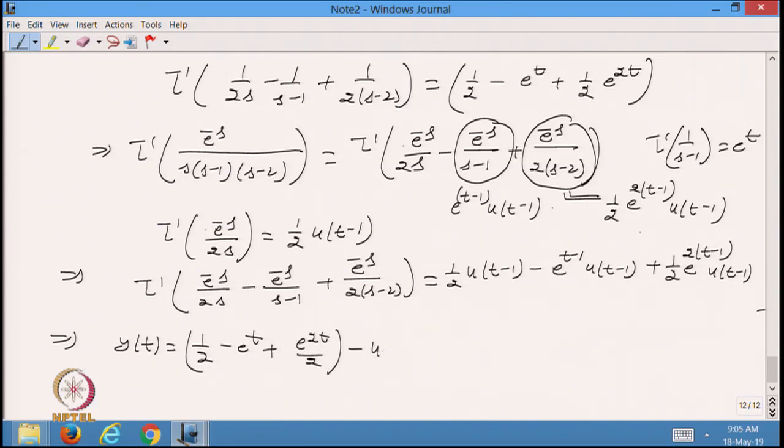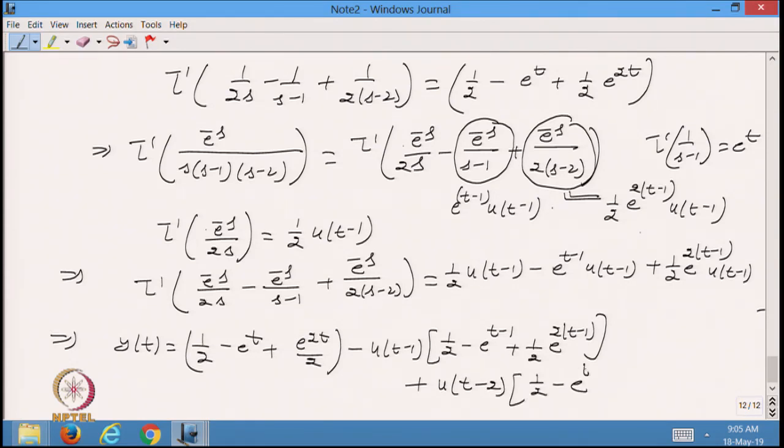I can take u(t-1) common here from this one. So, it will be half minus e^(t-1) plus half e^(2(t-1)), plus the last factor. That will be the unit step function defined at 2. So, this will be half minus e^(t-2) plus half e^(2(t-2)).